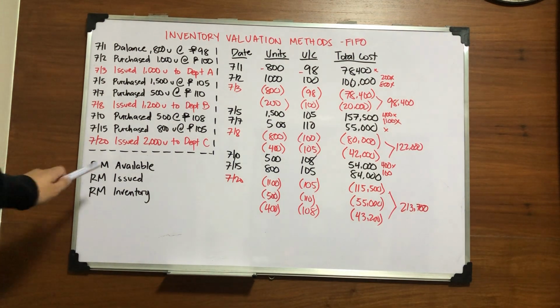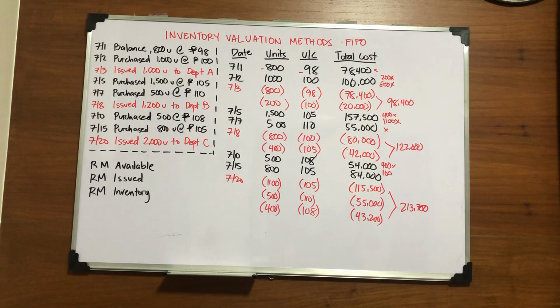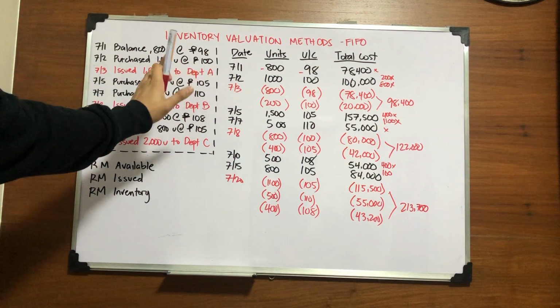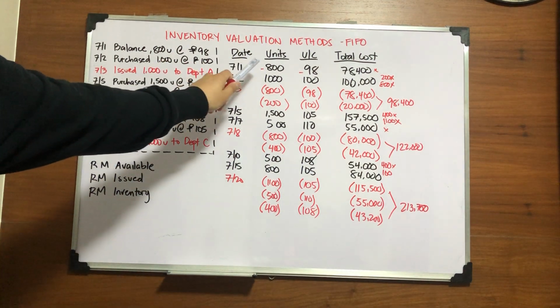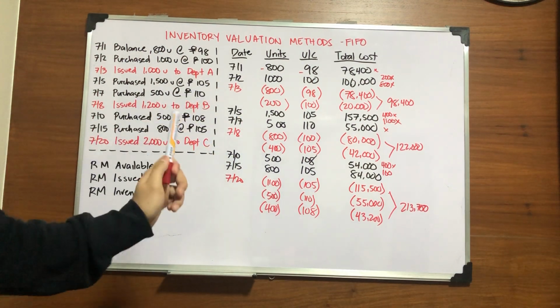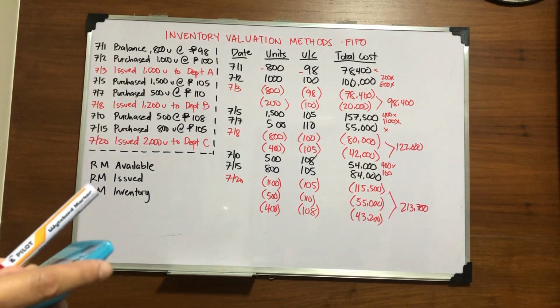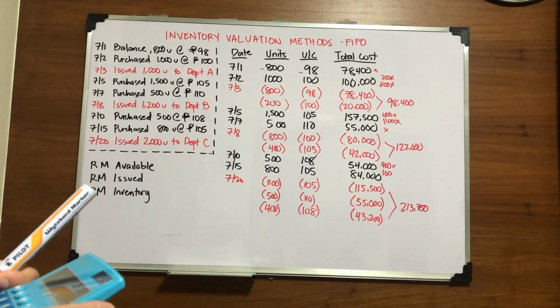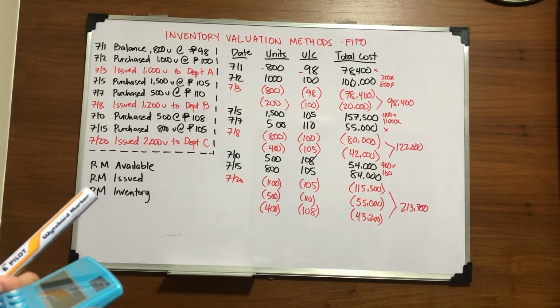So your raw materials available for use is the sum of your purchases as well as your beginning balance. So let's just refer to the black pens. So we have 800 plus 1,000 plus 1,500 plus 500 plus 1,300.